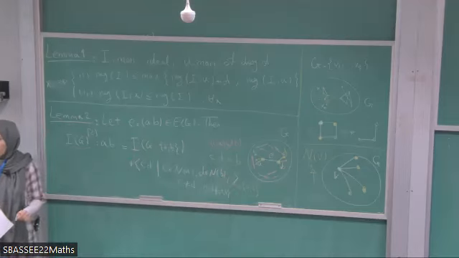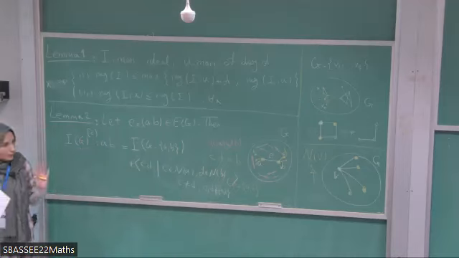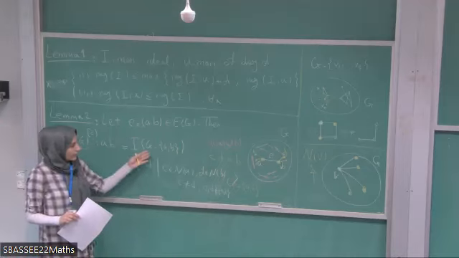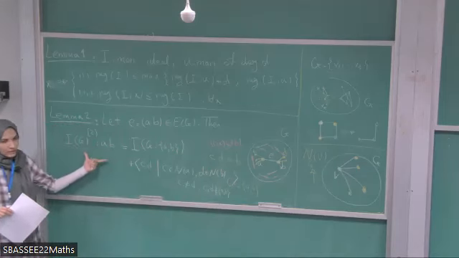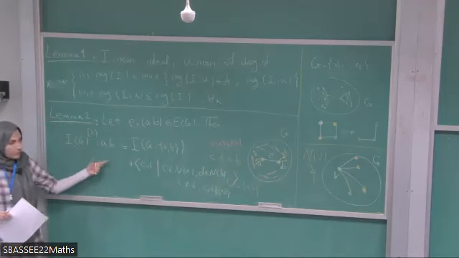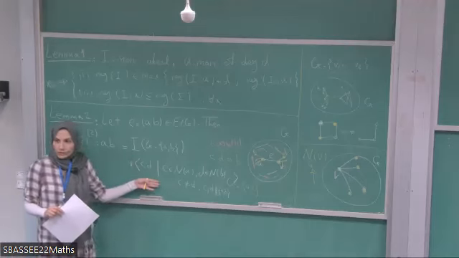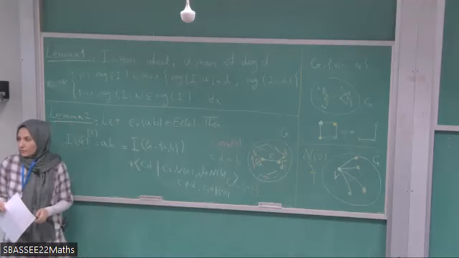And you can later, maybe in the tutorial session, check that that's all. So just to understand what this edge ideal is, you can divide it into these 2 scenarios and we are done.